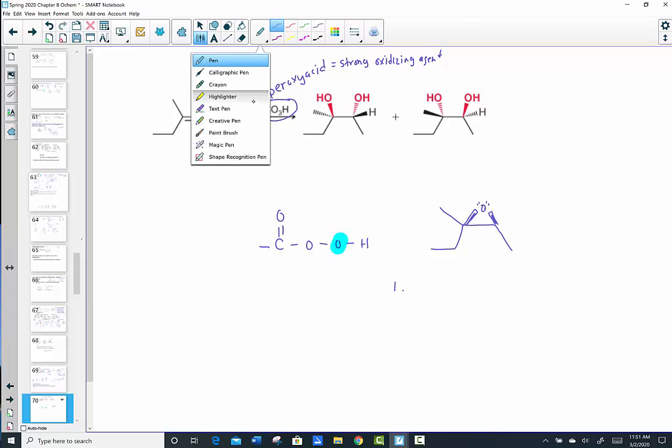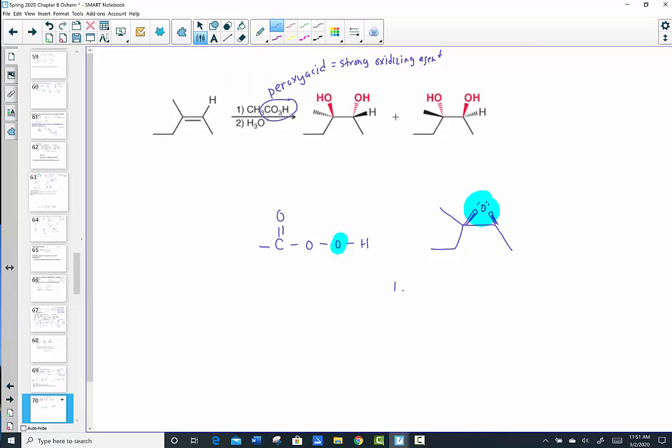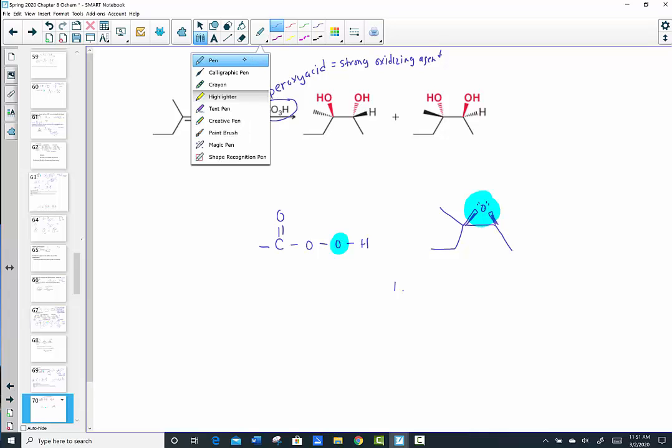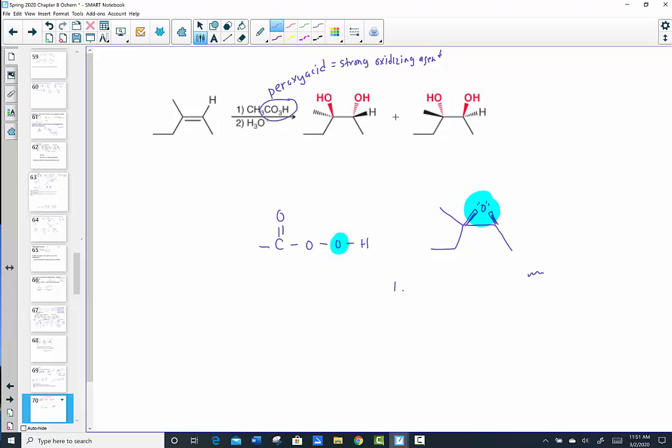So just to emphasize where that oxygen came from, it's at this particular center, matching this oxygen here. And just putting back to the pen as best as I can. Then we're going to just regenerate the RC double bond O, OH. That really is just the carboxylic acid. When I remove the extra oxygen, it creates this epoxide intermediate.